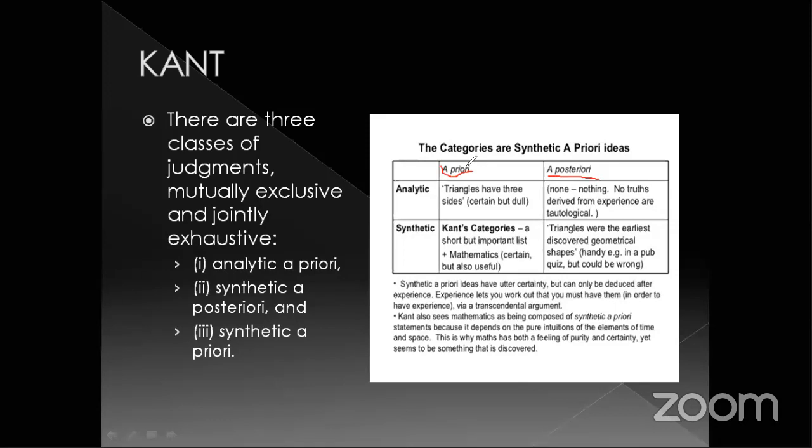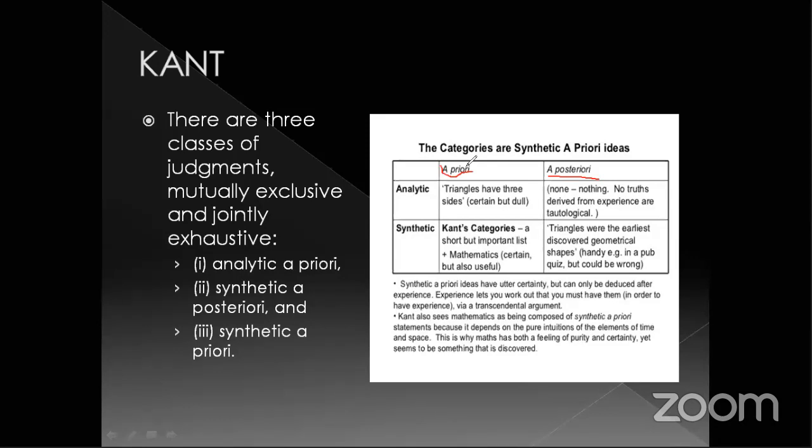Now in the checkerboard we have analytic a priori: triangles have three sides, certain but dull and tautological. Analytic a posteriori: none and nothing, no truths derived from experience are tautological. Or green, sorry, not the earlier example. The greenness of green has been achieved through the perceptual data.